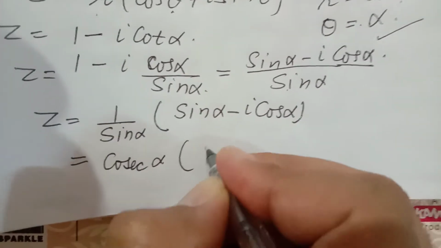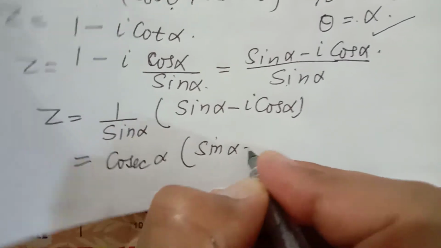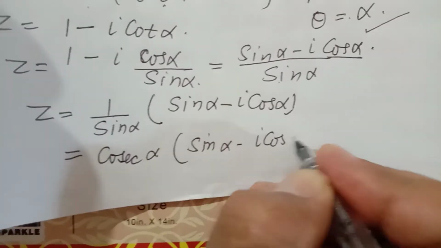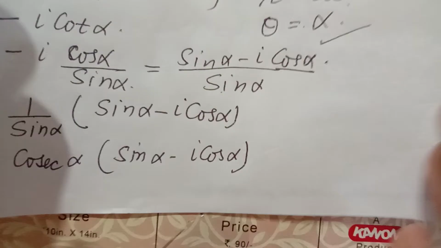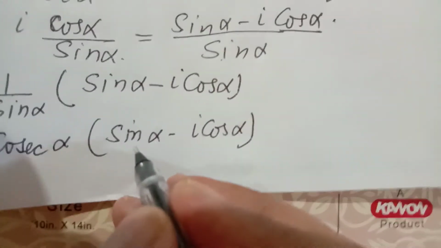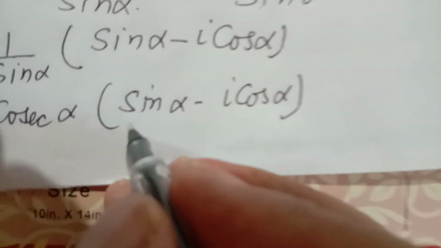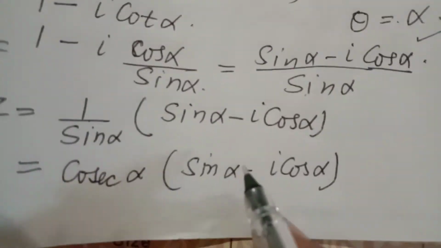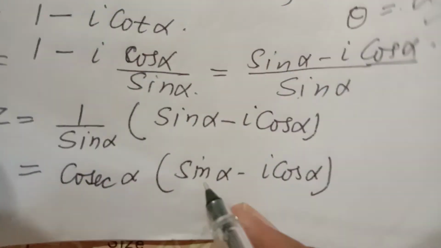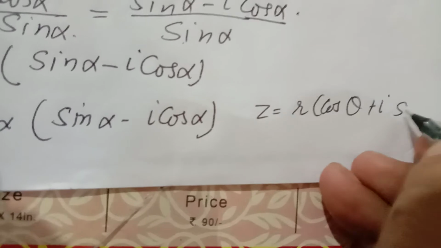Then sin alpha minus iota cos alpha. So what will be next? If we are observing here, according to the rule, z always becomes equal to r cos theta plus iota sin theta.